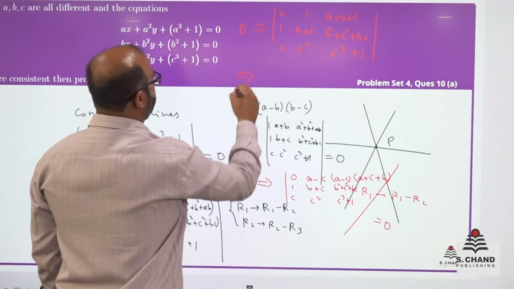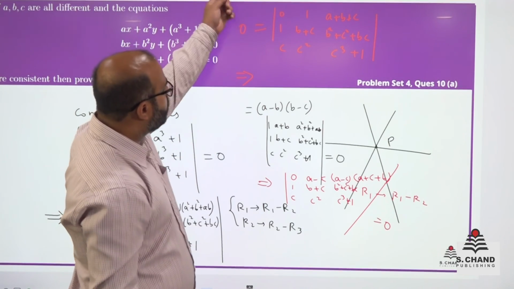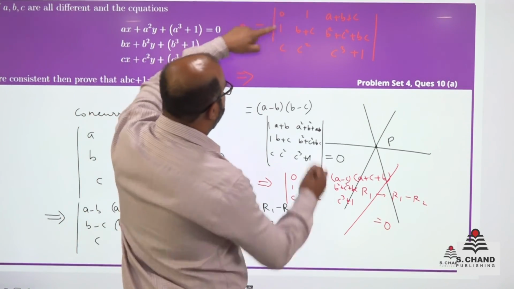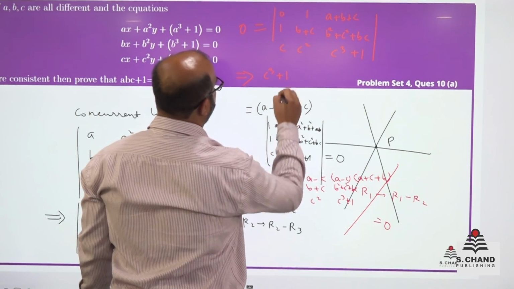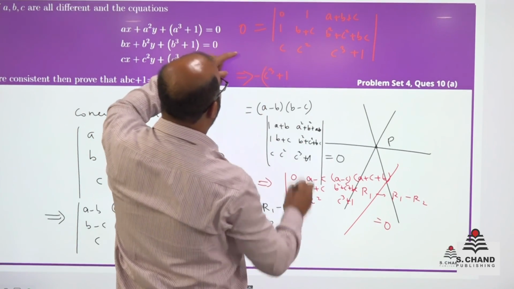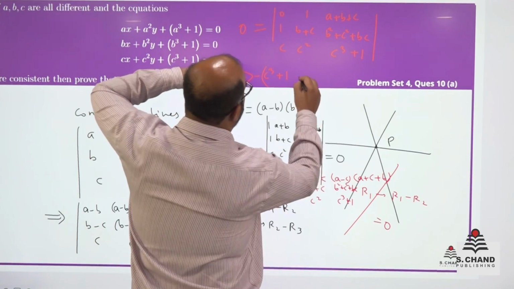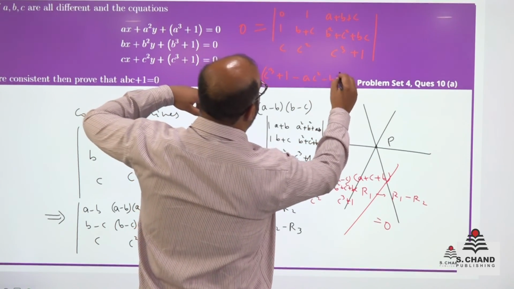So here when we expand about the first column, this is 0, this is 1. So this will be C cube plus 1 with a minus sign overall, minus AC square minus BC square minus C cube.